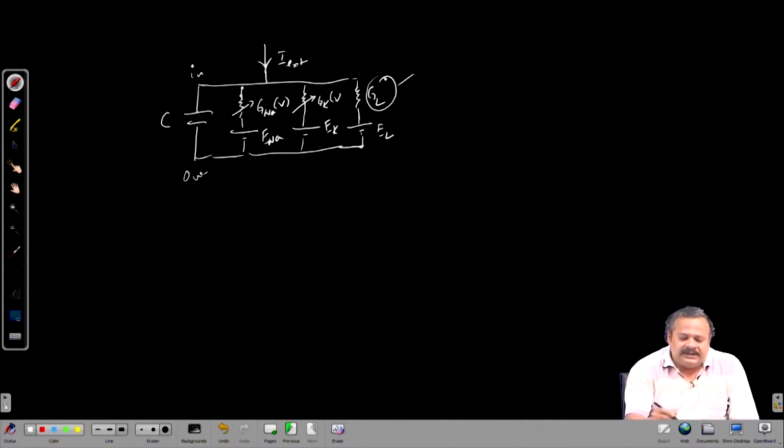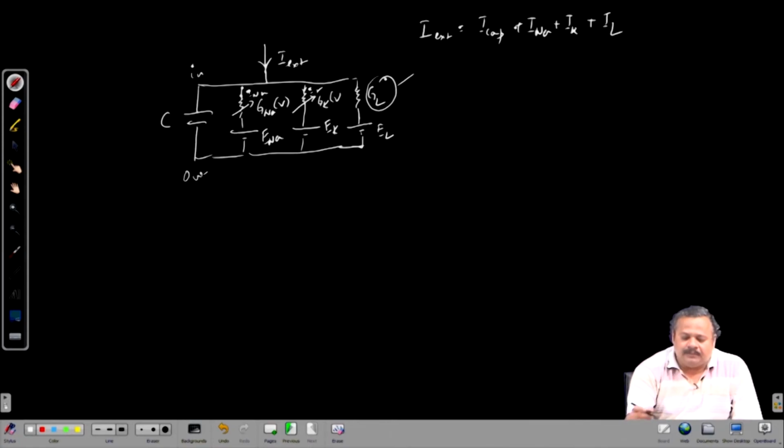Exactly in the same way as we did for the leaky integrate and fire, if this is I_Na and this is I_K, we have I external equal to I capacitor plus I_Na plus I_K plus I_L.